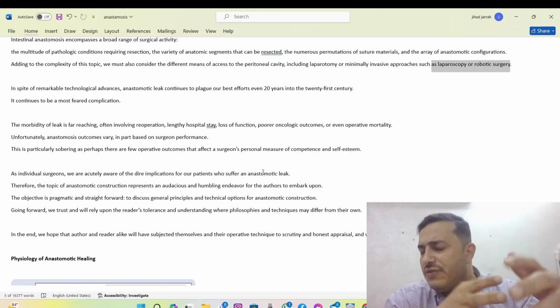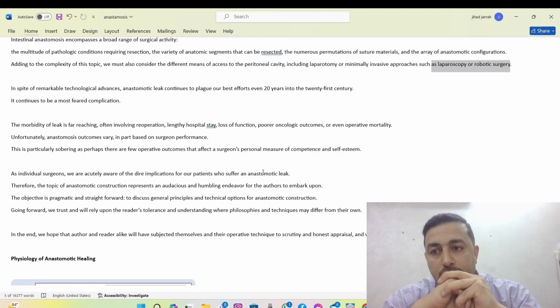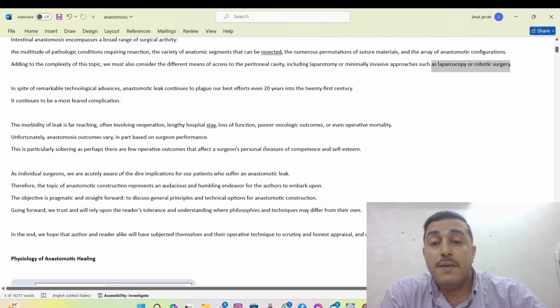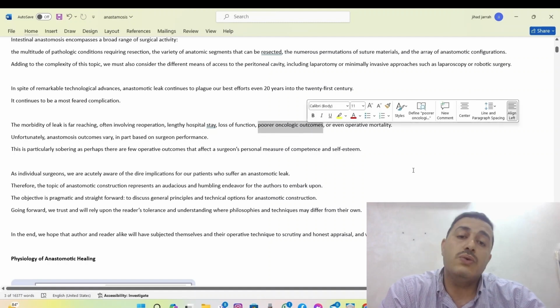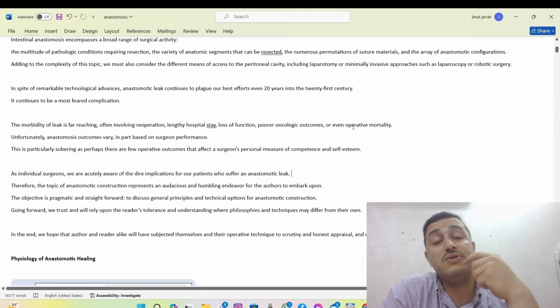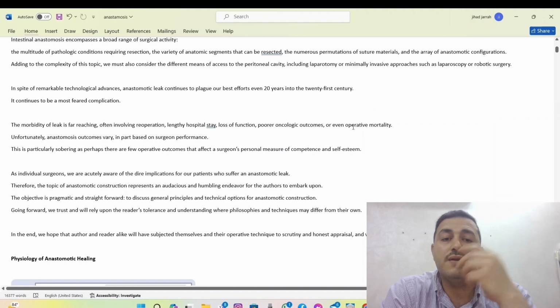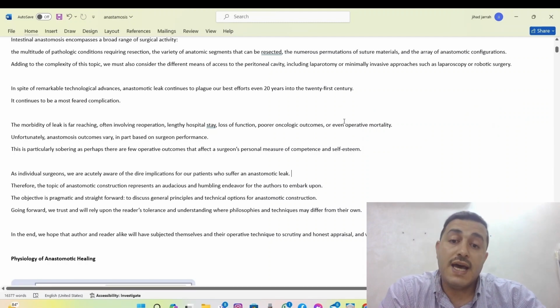Despite different methods and different programs, we are still suffering from leak. And what does leak mean? In other words, it means longer hospital stay, loss of function, poor oncological outcome, as we will see when we talk about the complications, and operative mortality, and, what's not mentioned here, the financial reflection of this. So we still have a problem with anastomotic leak.